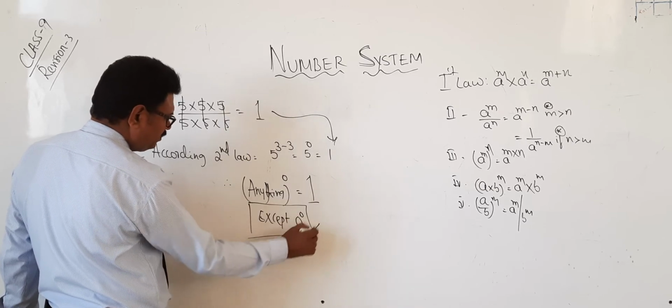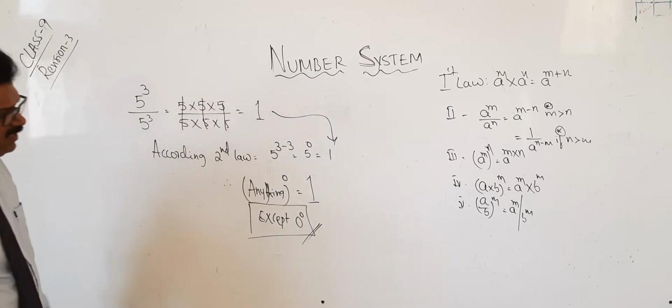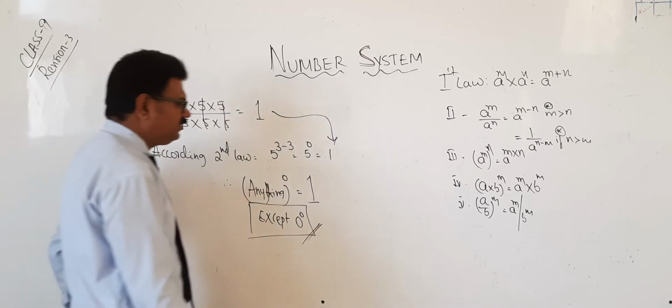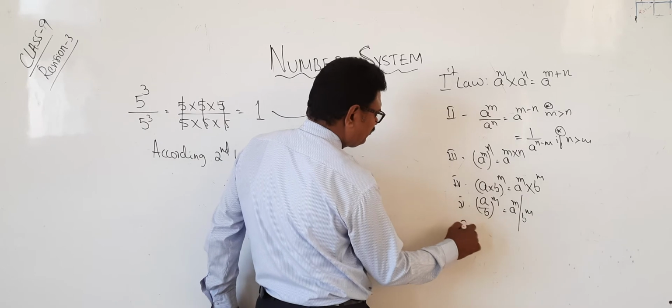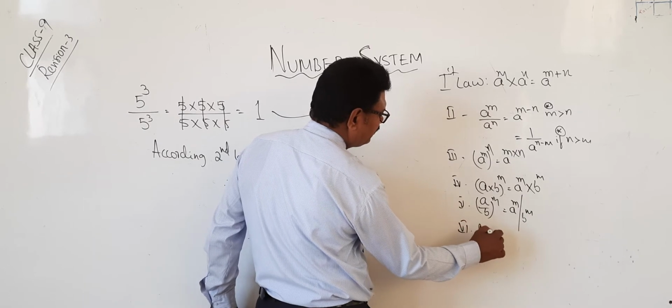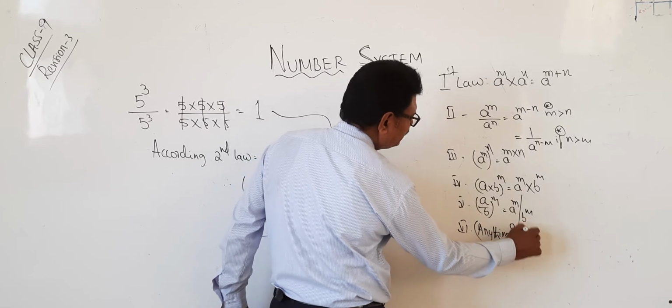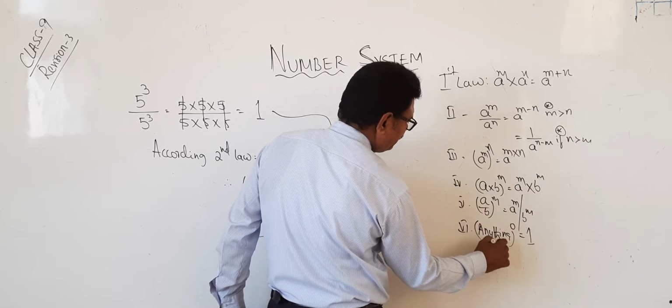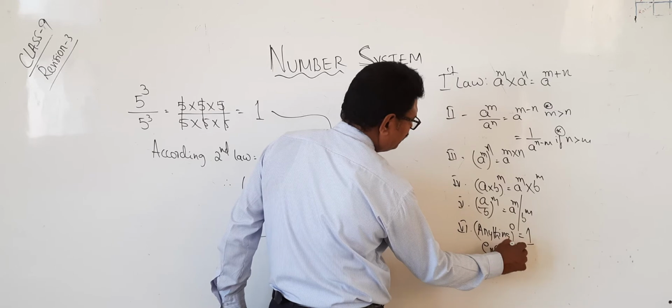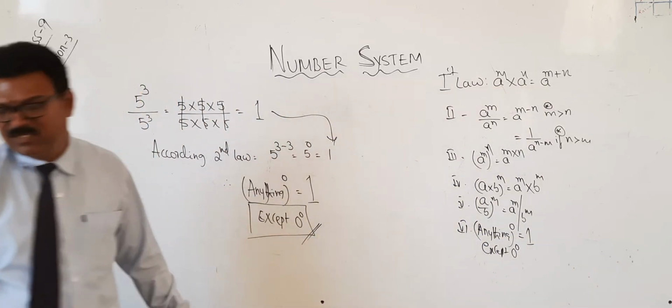Okay? So this is very, very important. Therefore, how many laws can you write? Sixth law: anything to the power of 0 is always 1 except 0 to the power of 0. Please take down.